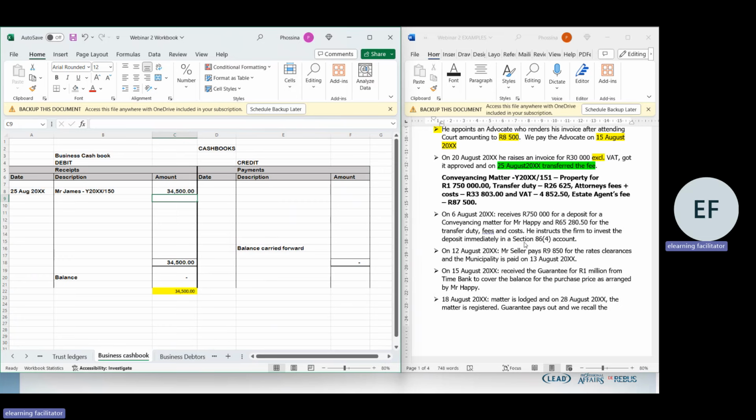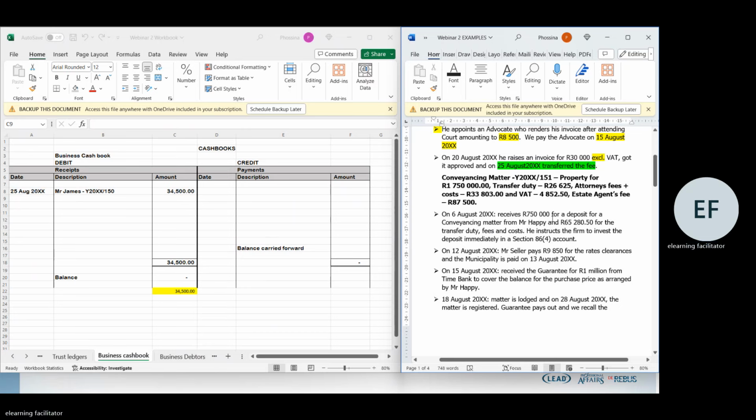Mr. Happy is the purchaser. So we are receiving 750,000 from Mr. Happy, and also 65,250.50 for the transfer duty, fees and costs. This is also coming from Mr. Happy.